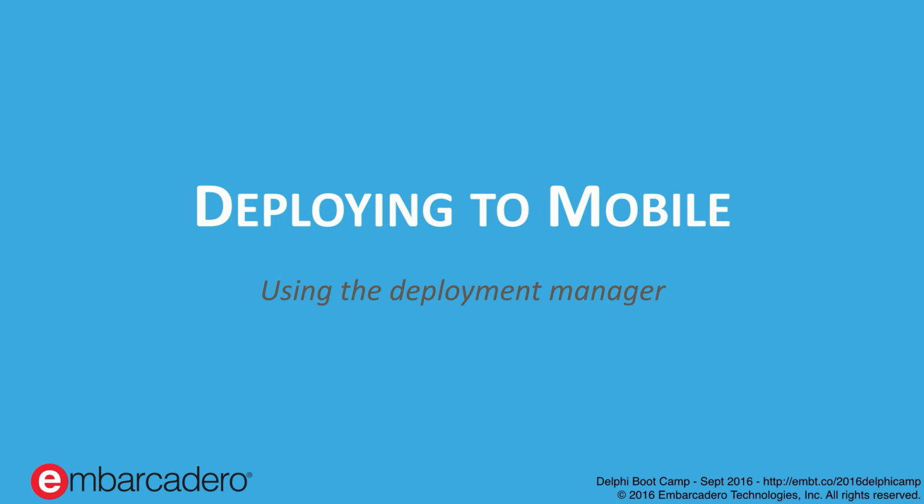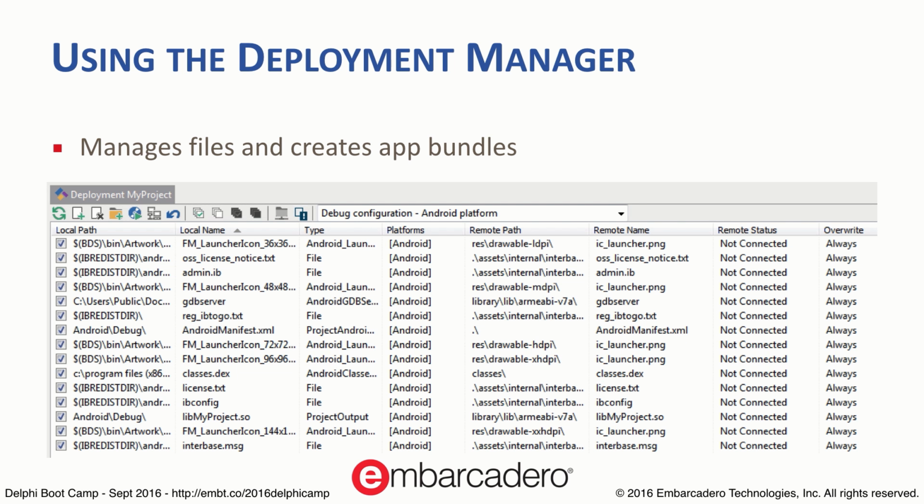So let's talk about deploying to mobile. Something that was newly introduced is the deployment manager. The deployment manager actually works on Windows and Mac OS as well, but it's really important when deploying to mobile, iOS and Android. What it does is, on iOS and Android and Mac OS, you create this app bundle that has all of the pieces in it that you need for your app. And so this allows you to put things in the correct folders.